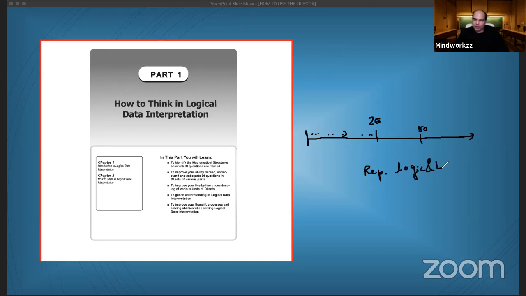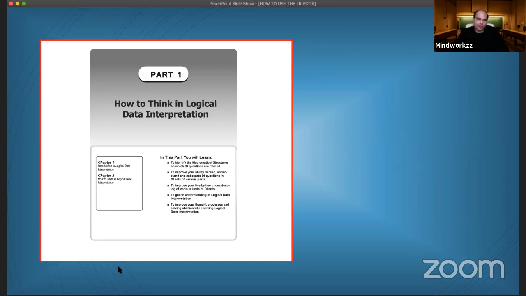And that's why I typically say that logical DI may reach the zone of solving around 150 to 200 sets. And once you have done that much, then you can move to the mocks completely. So coming back, this should finish in 3 to 5 to 7 days.